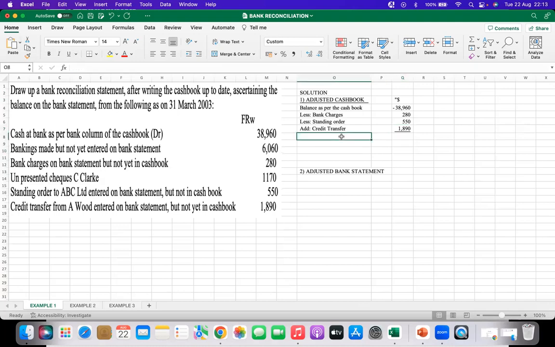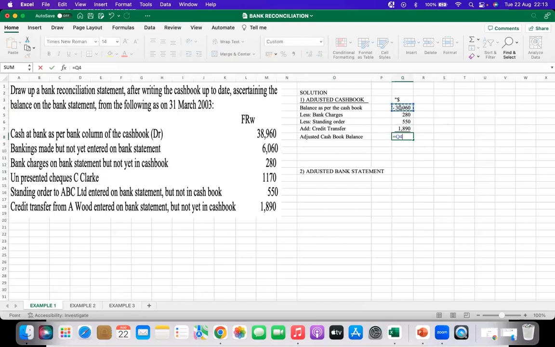The answer we get will be the adjusted cash book balance, or alternatively, balance as per the adjusted cash book. So we take the negative 38,960, you less 280, you less 550, and then you add 1890. What we get is 37,900 negative.